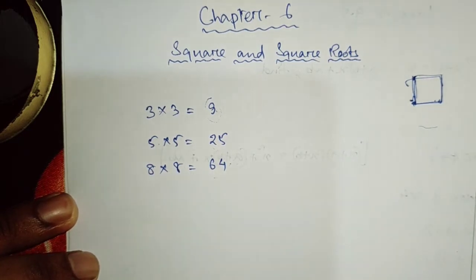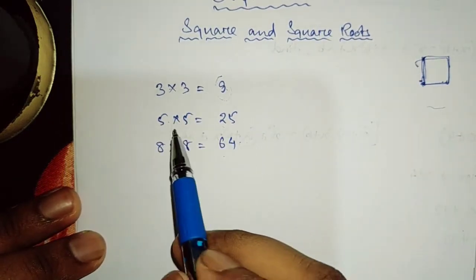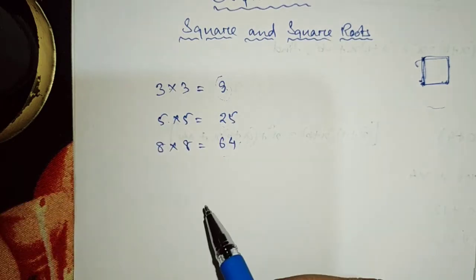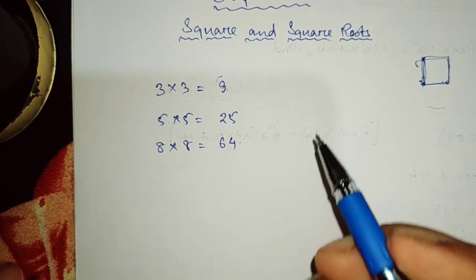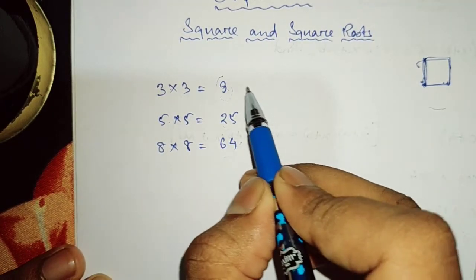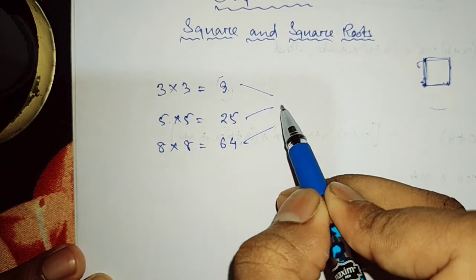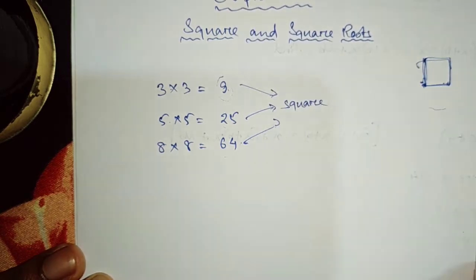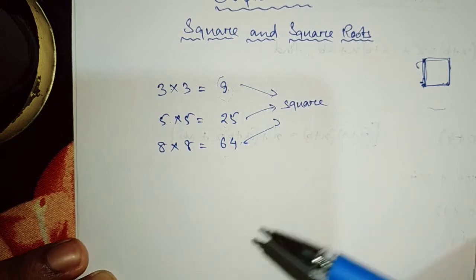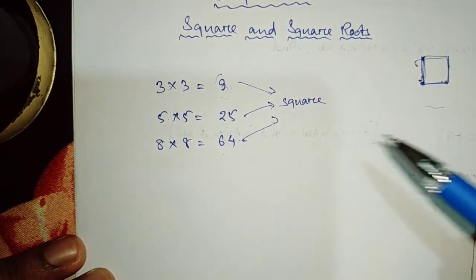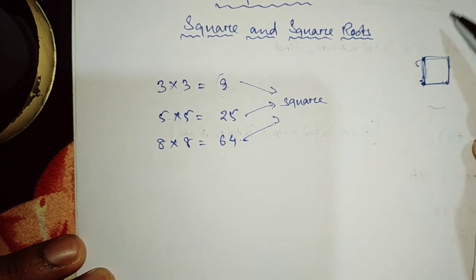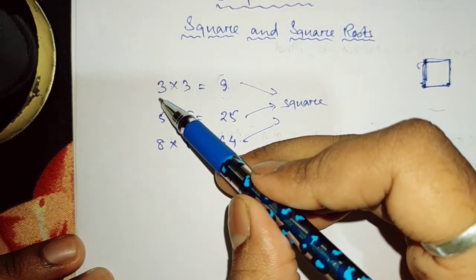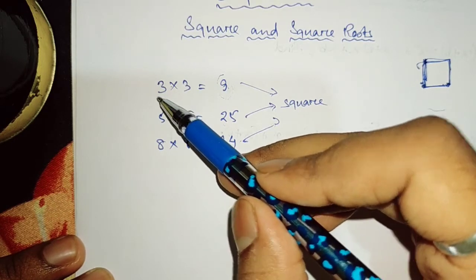Now how to find the square? Just take a natural number and multiply it with itself and you will get the square. So we can call these 9, 25, 64 squares. How is it similar to geometry? Suppose our square has a side of 3 centimeter.